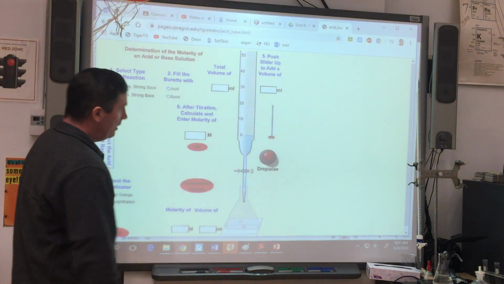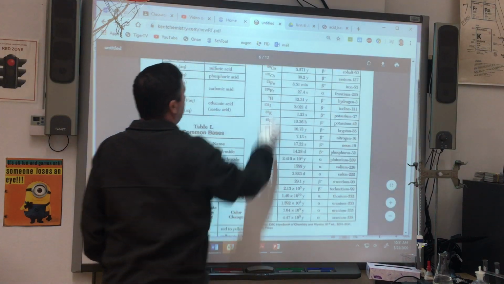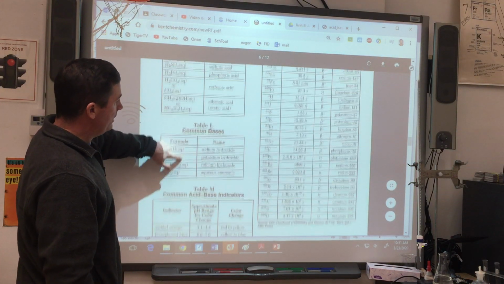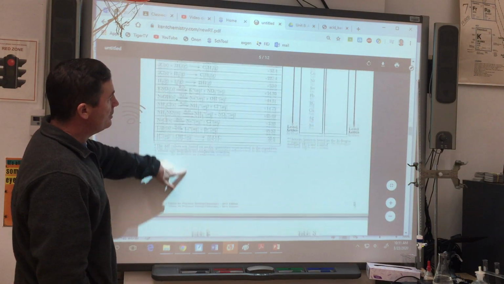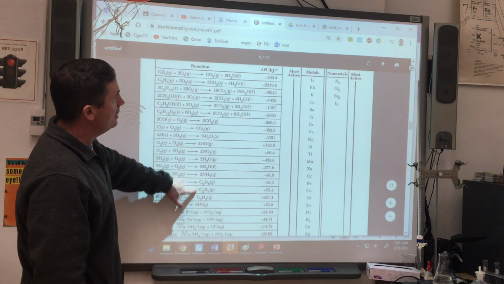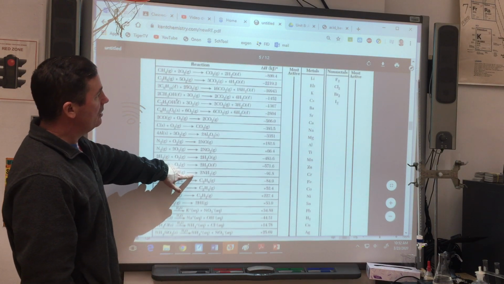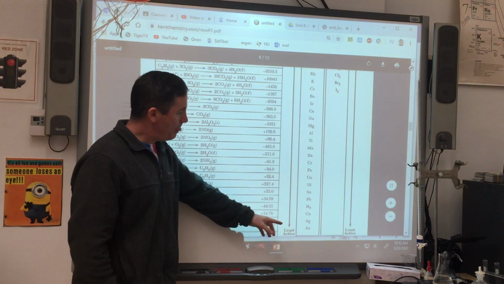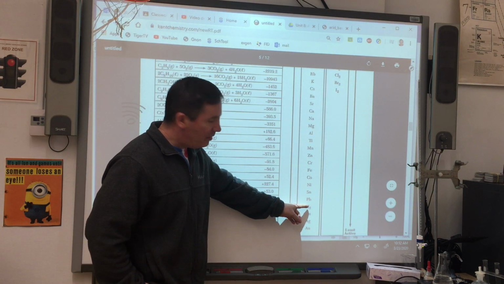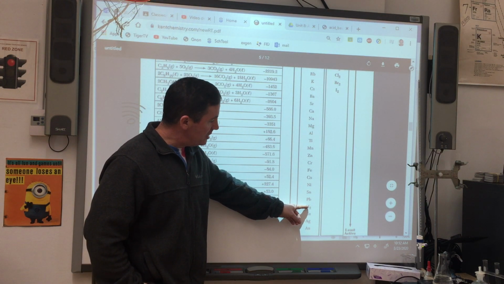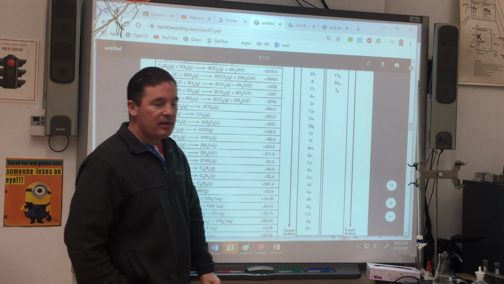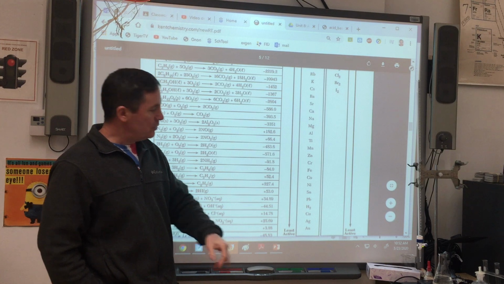Remember that if we are looking on our CRT, which is table J here, we looked at this a couple times, that anything above H2, anything above hydrogen gas, will displace hydrogen gas, and then hydrogen gas will come out of solution.